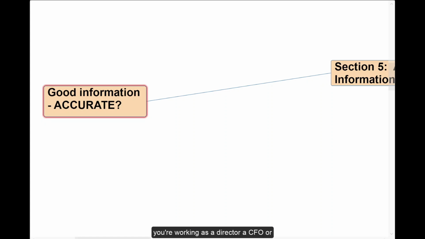If you're working as a director, a CFO, or a management accountant, you need to ensure that the information that you're getting, perhaps from your subordinates, perhaps from your colleagues, has certain qualities. We're talking about things like timeliness. We're talking about things like relevance, etc., etc. So I'll refer you in this instance to the mnemonic accurate in the Study Hub.